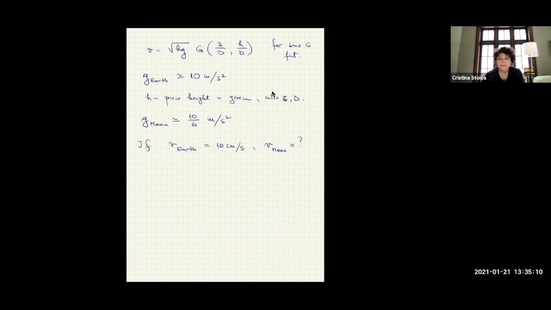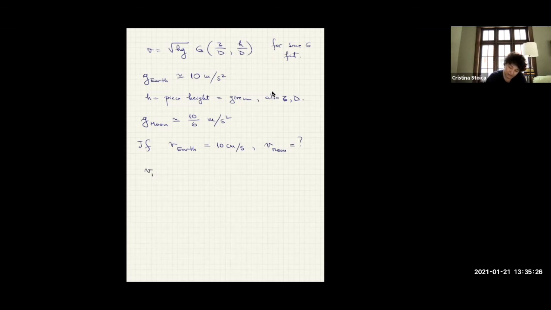They're the same. So it's the same row of domino pieces that I'm lying down here, and then I take a bunch and put them on the moon. What will be the velocity on the moon?